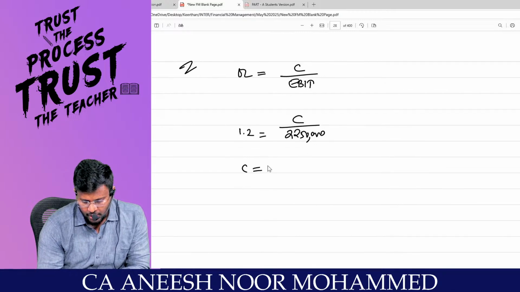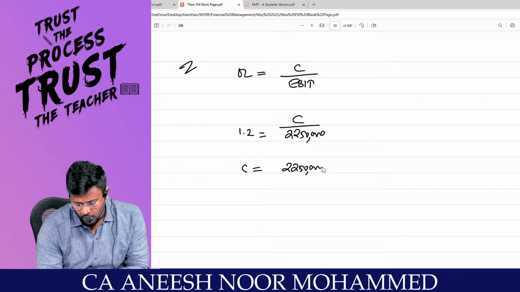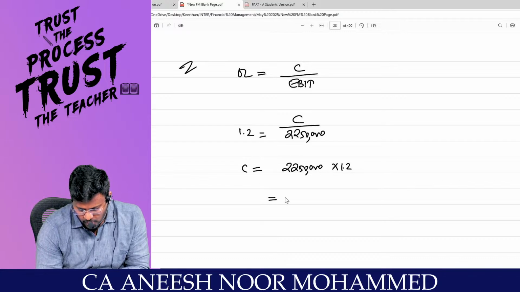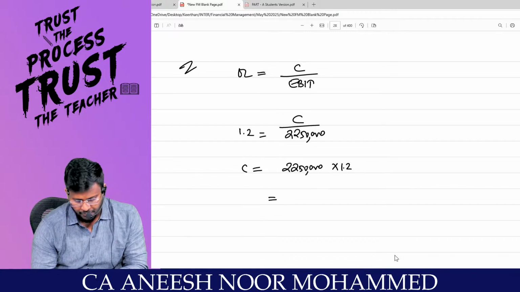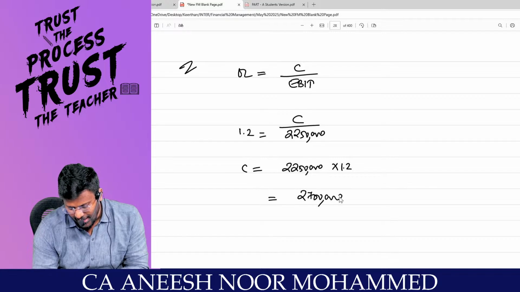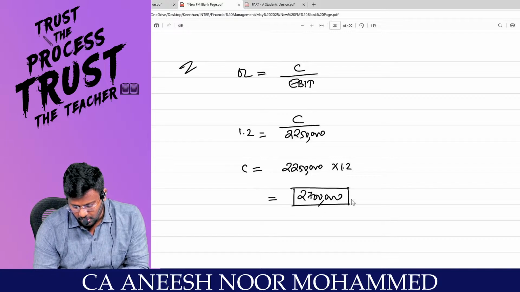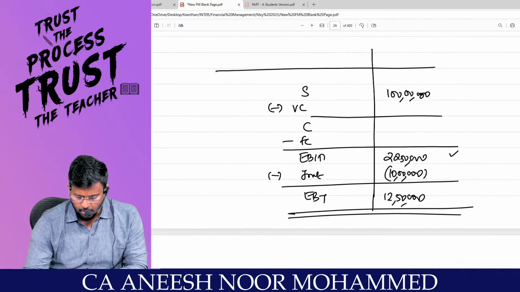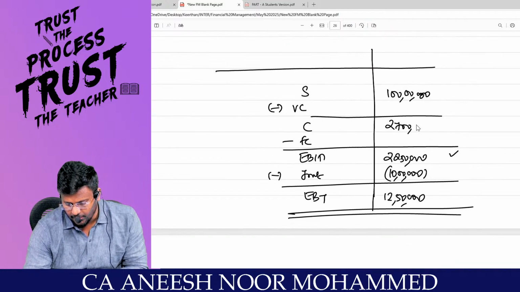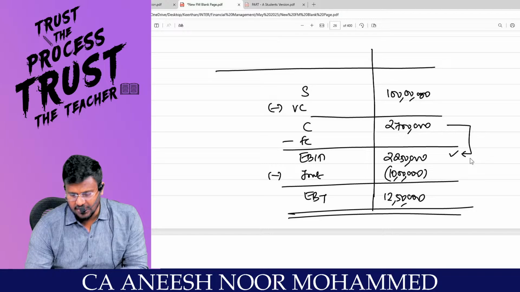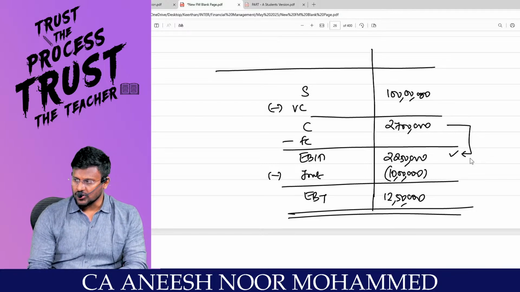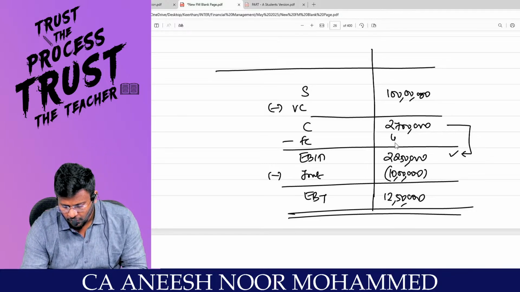So basically contribution is equal to 22 lakh 50,000 into 1.2 comes to 27 lakh is the contribution. Comfortable? I can fill the contribution here. 27 lakh. Then automatically the balance will be the fixed cost. Fixed cost will be 4 lakh 50,000.